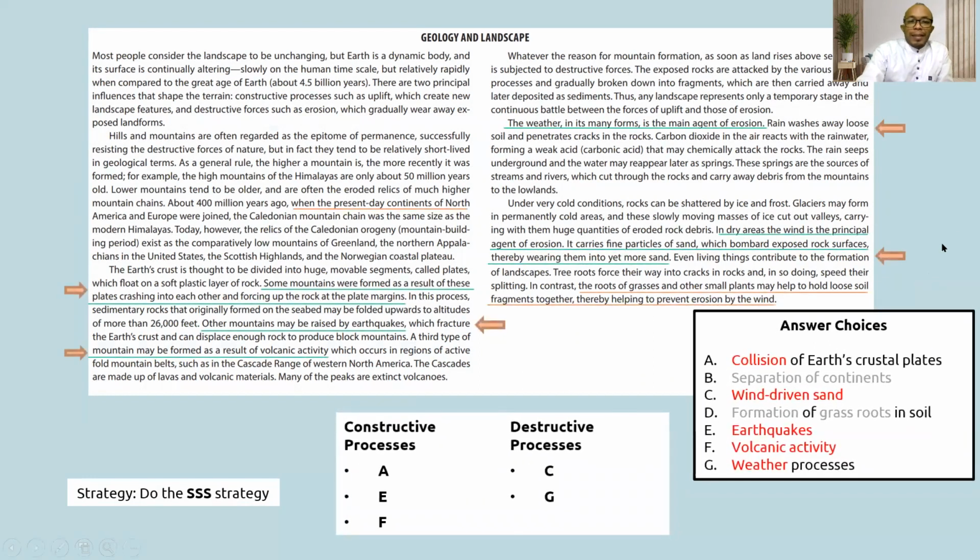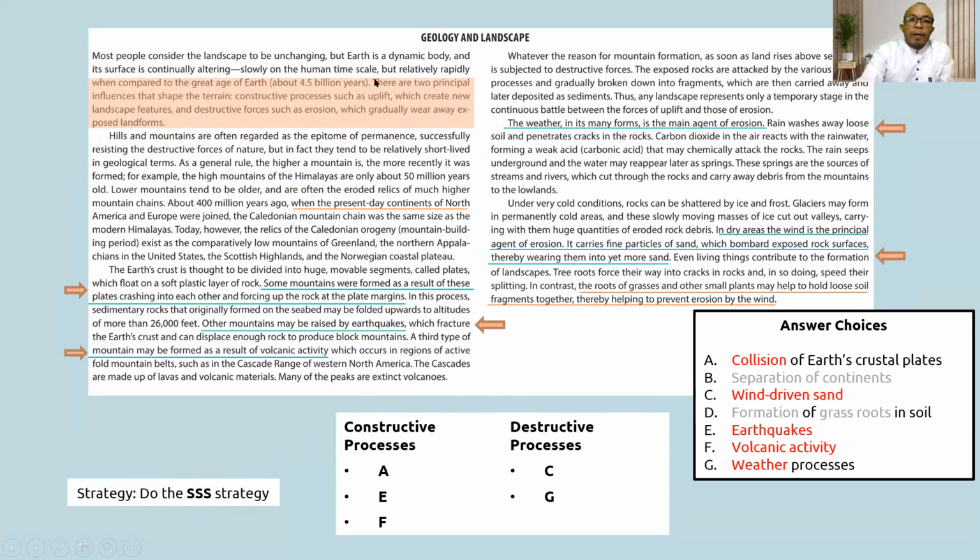So the answers here are going to be A, E, F for the constructive processes and C and G for the destructive processes. Now, remember the strategy is the triple S. Select the keyword from the options. So here, the option is, oh yeah, this is talking about constructive and destructive processes.